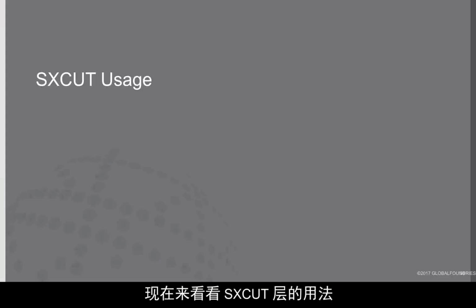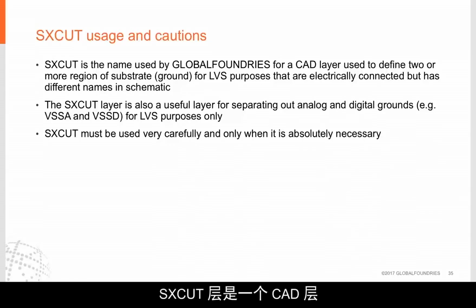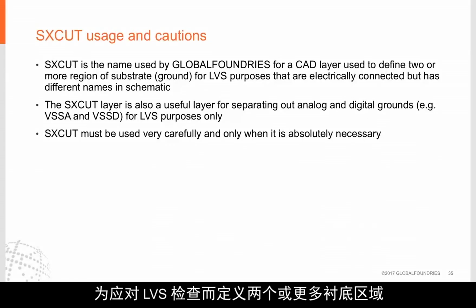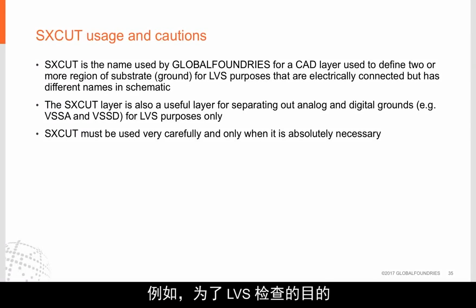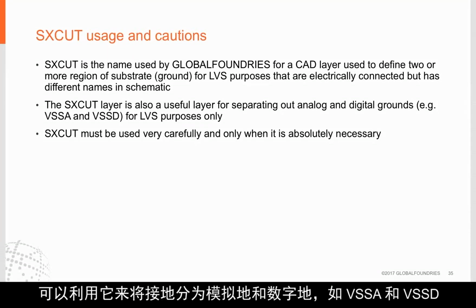I'll now go over the usage of the SXCUT layer. Now, the SXCUT layer is a CAD layer used for defining 2 or more regions of substrate for LVS purposes that are electrically connected but have different names in the schematic. So for example, it can be used to split grounds for analog and digital, such as VSSA and VSSD for LVS purposes.